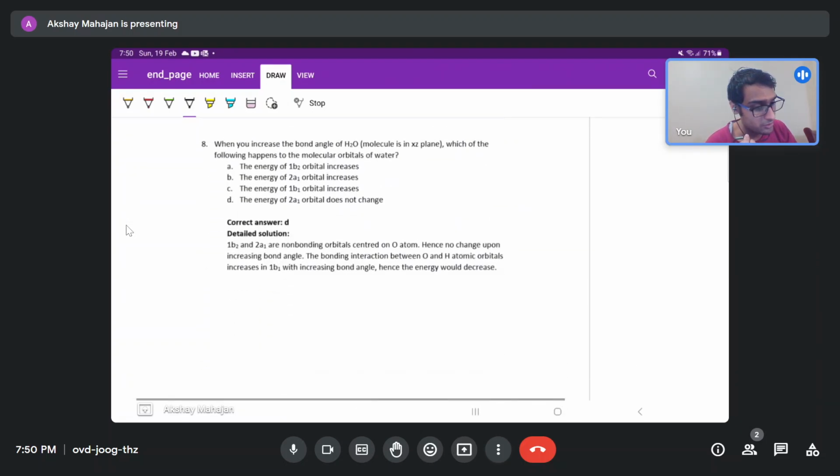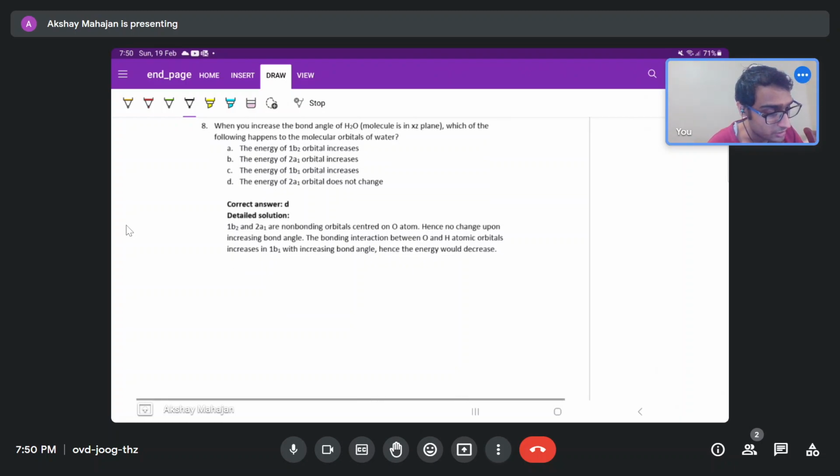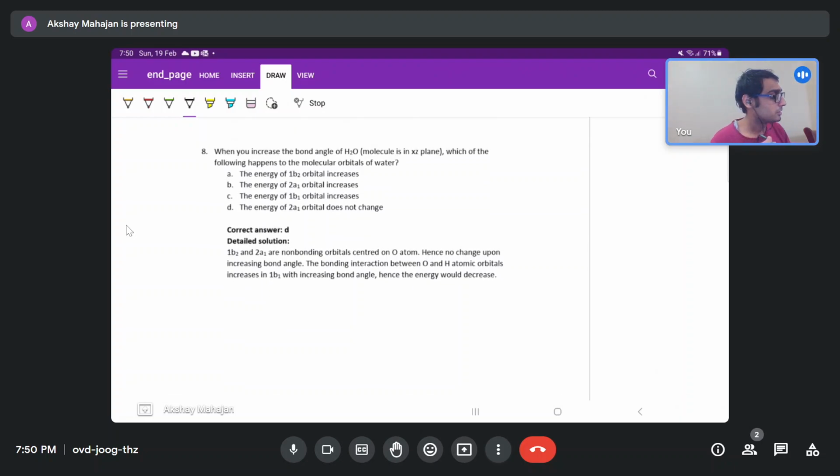Then next, when you increase the bond angle of the H2O molecule, which of the following happens to the molecular orbitals of water? This is given in the class, and the explanations are the same as in the lecture notes.